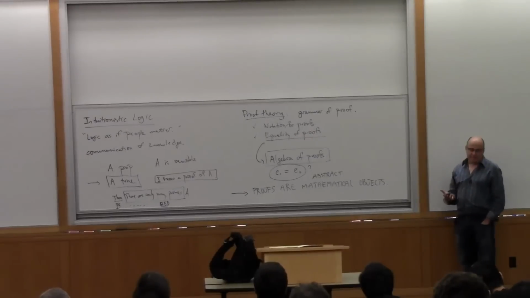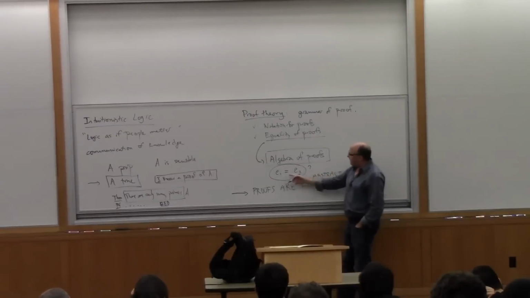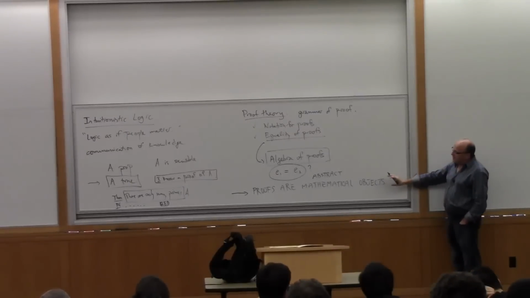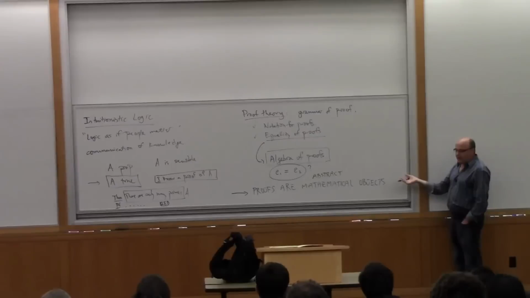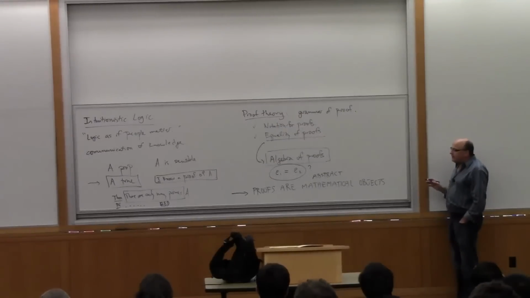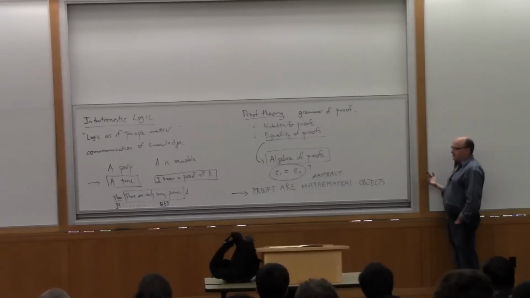They're abstract mathematical objects, by which I mean they're characterized by an algebra. They have some kind of notion of equivalence between them, and the interesting point will be that equal proofs have to be interchangeable in all contexts. So it's a much more subtle business than just talking about something like strings.